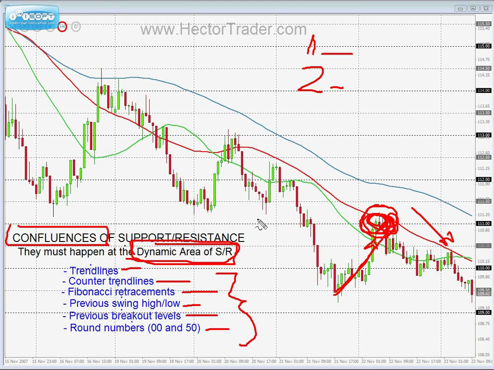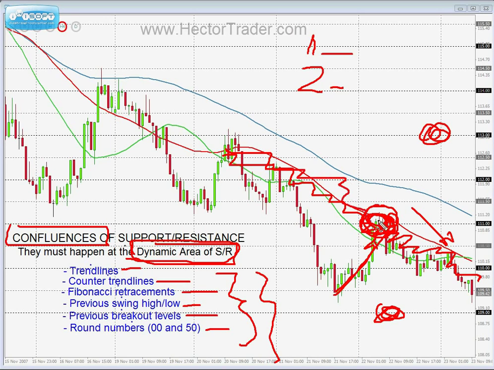Moreover, if I find a confluence of different elements of support and resistance, but they do not happen around the area between the 30 and the 50 simple moving average, let's say they happen here, or somewhere very far away from the dynamic area of resistance, that's not a valid area to search for a trade either. So you must have both requirements.